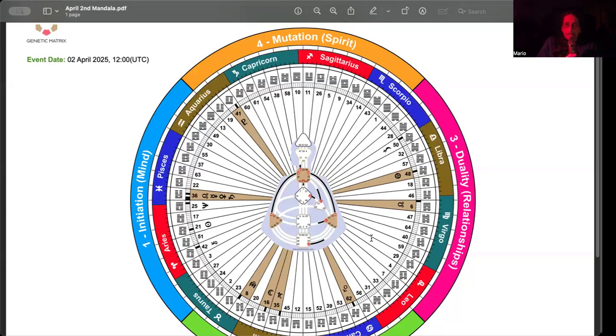This mandala also includes the outer sphere, and that corresponds to four different quarters of the mandala. These are dominant themes of the particular incarnations that incarnate their sun personality gate around that particular part of the quarter.